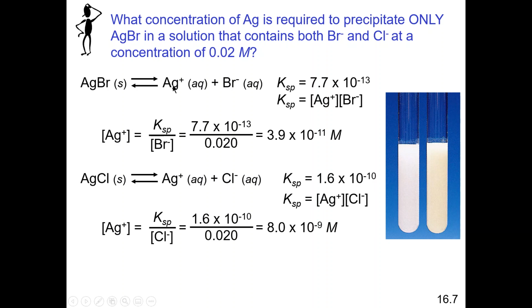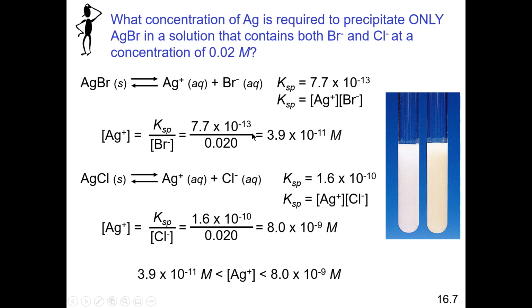So to answer the question, what concentration of silver is required to precipitate only silver bromide in a solution that contains both of these? The answer is this. The concentration of silver ions must be greater than 3.9 times 10 to the minus 11, but less than 8.0 times 10 to the minus 9, right? So the concentration of silver ions must be greater than this because that's what we calculated here for the silver bromide.